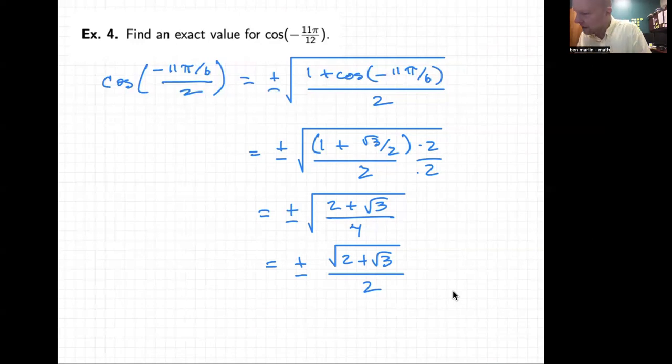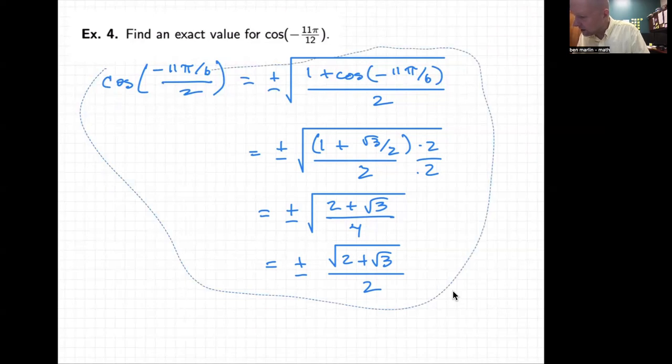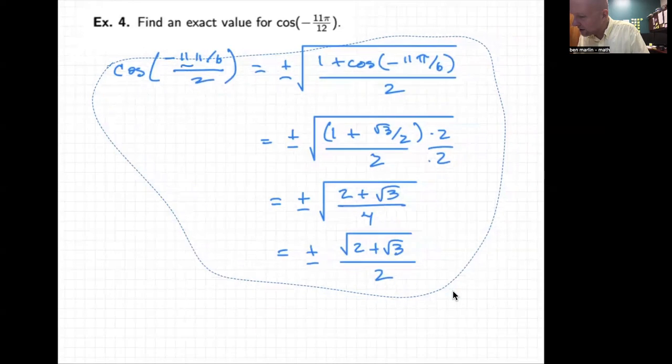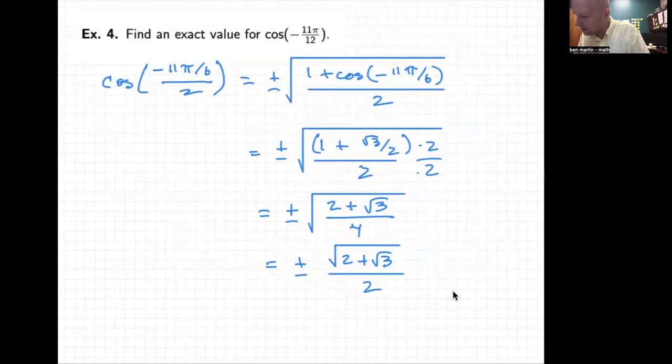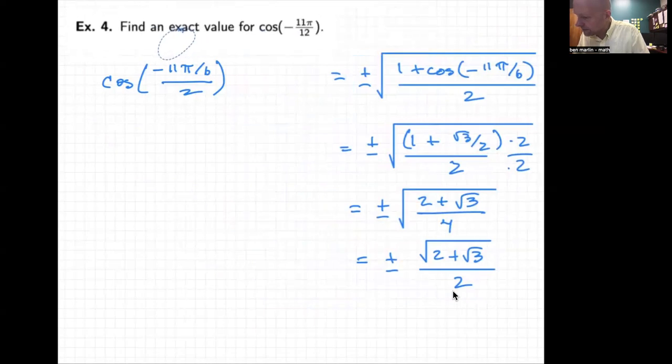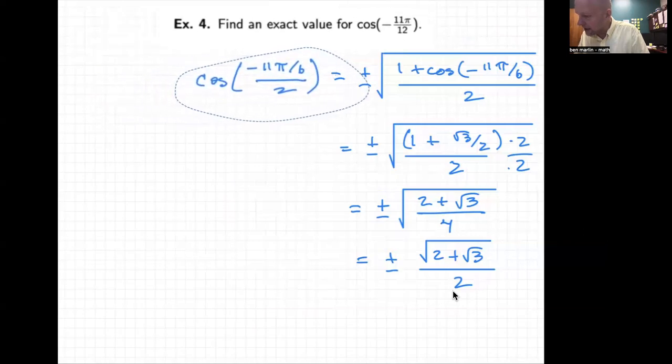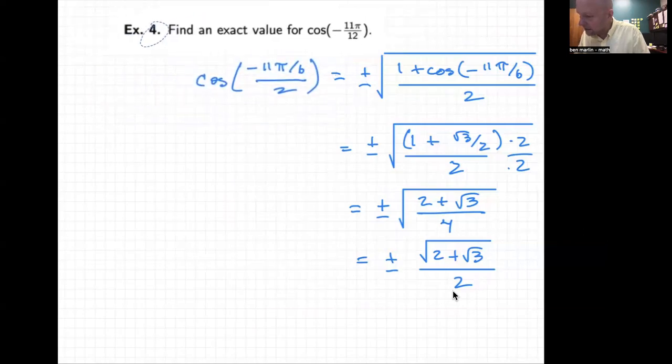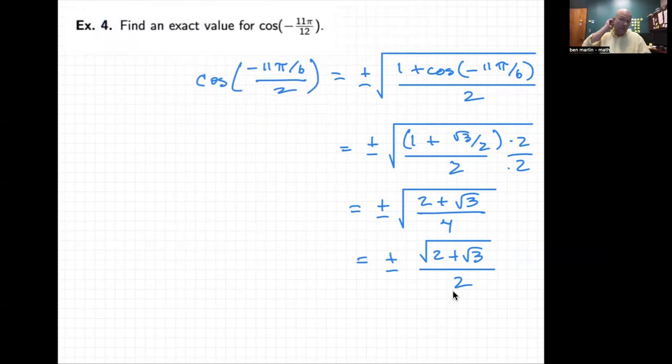I'm going to try to scoot this over. I just needed some space here because we're going to have to figure out where the negative 11 pi over 12 is close to.